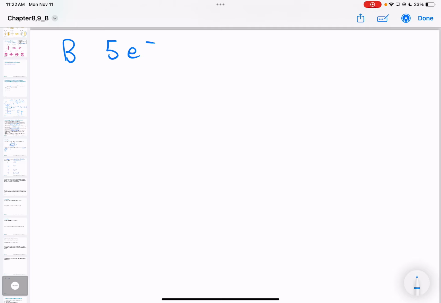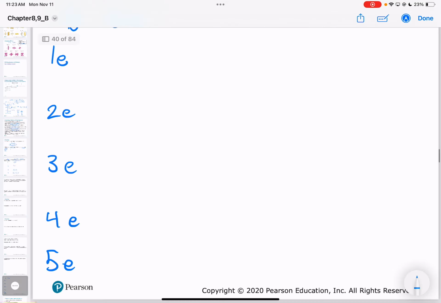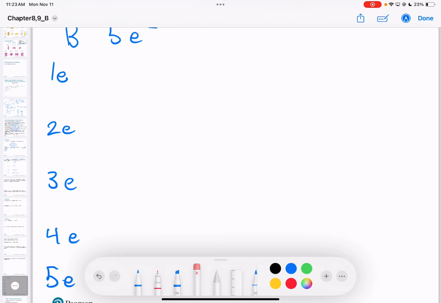We would have 5 different equations to define each of those electrons. So I'm going to label them electron 1, electron 2, electron 3, electron 4, and electron 5. And obviously I'm not going to show you the equation that was used. Instead, I'm going to show you the results of the equation.